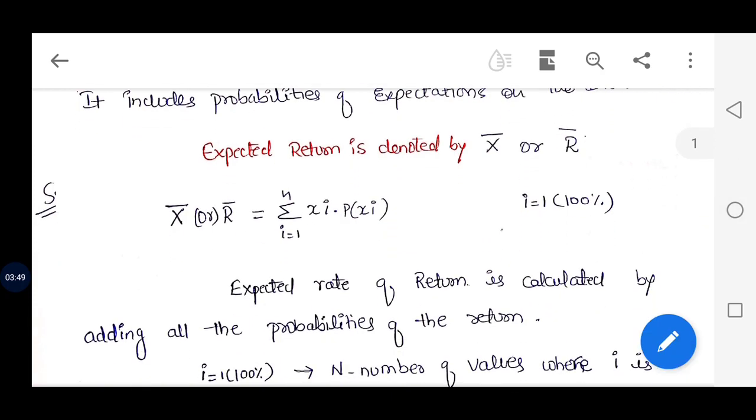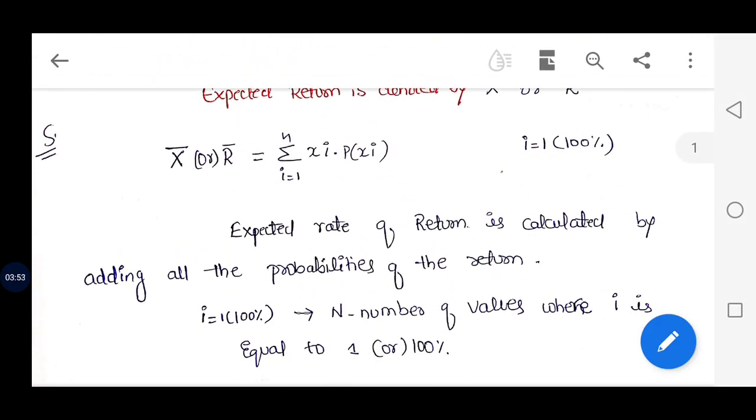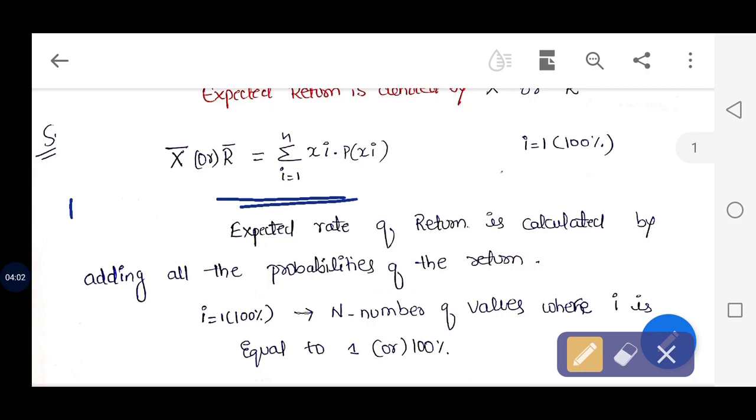Here i equals 1 to n represents the number of values. So no need to be confused here. It is just a symbol showing that it can go from 1 to 100 and so on, as many investments as we can add.